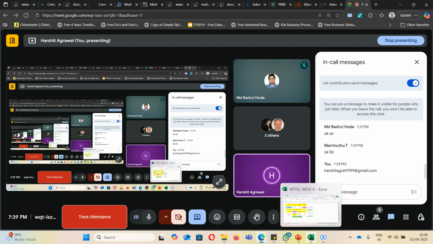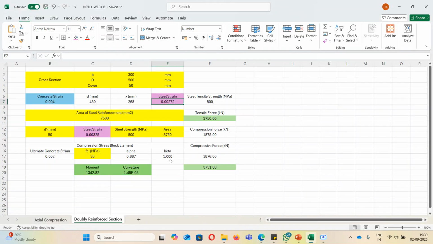Okay, and try to use this sheet because this will give you a lot of knowledge. We are not just calculating the moment and the curvature, we are able to see how the net force in the tension side and the compression side is changing. What is the strain in steel when the strain in concrete reaches a particular value, whether steel is yielding or not, whether concrete is crushing or not.